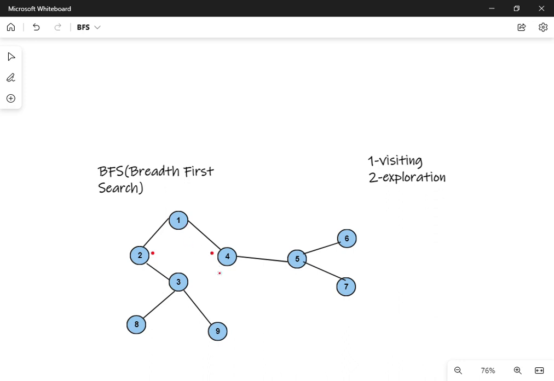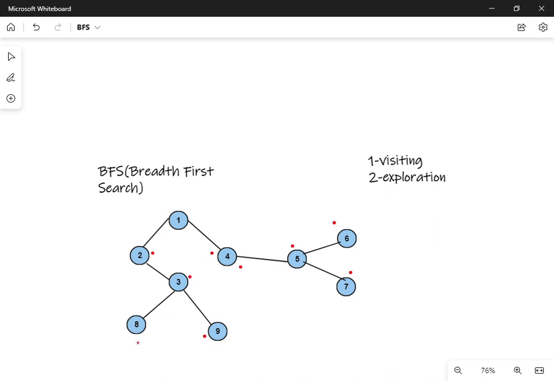vertices of 1. But if we select 5 as our vertex, we have to visit its adjacent vertices, which are 6, 7 and 4. If we select 9 as our selected vertex, we have to visit its adjacent vertex, which is only 3.